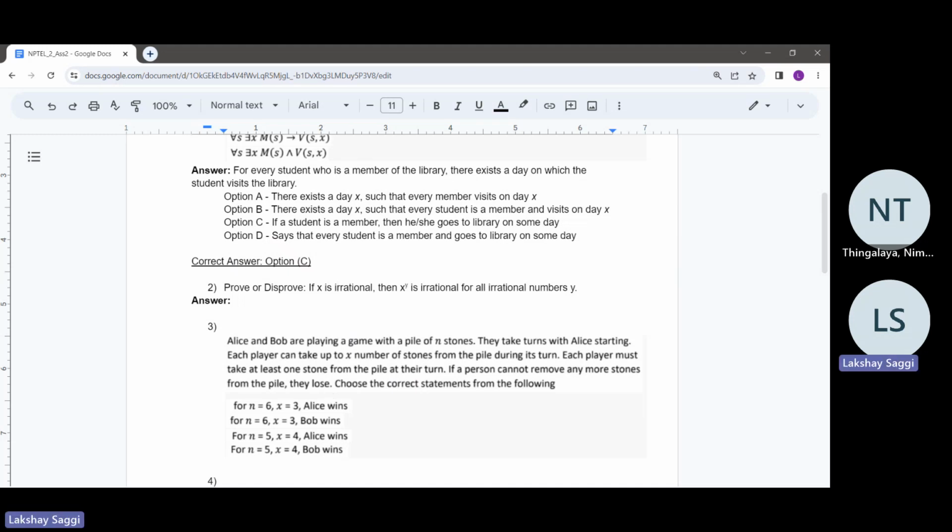So what do you think intuitively, an irrational raised to the power irrational number, will it always be irrational or can it be rational? So what does your intuition tell you, Nimitha? Yeah, not sure. No issues.